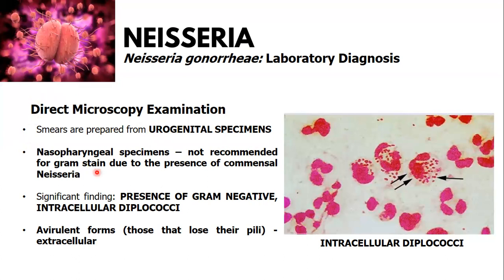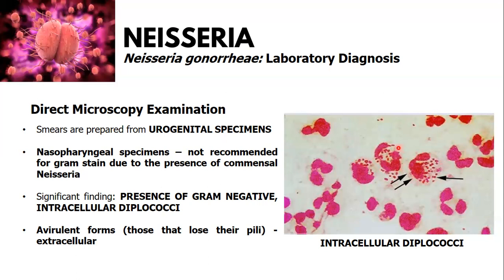And take note, these are the significant findings that must be observed for clinical specimens collected from patients suspected of having Neisseria gonorrhoeae infection. There should be presence of gram-negative intracellular diplococci. When we say intracellular diplococci, these are gram-negative diplococci that are found within polymorphonuclear leukocytes.